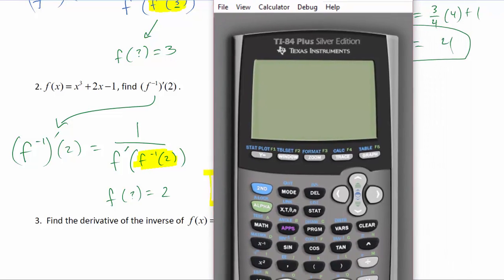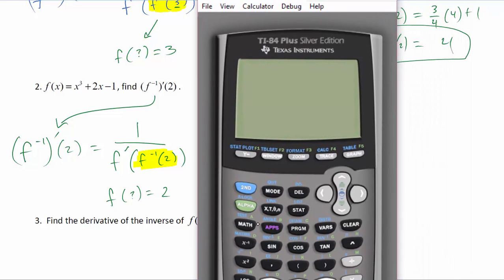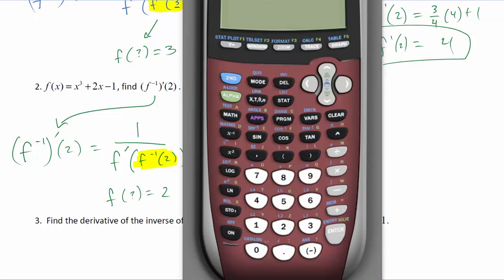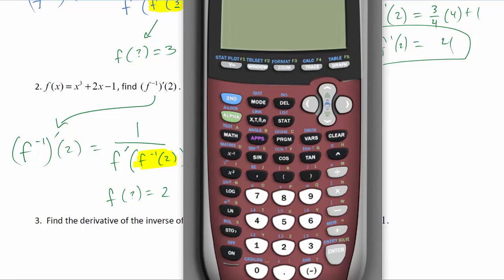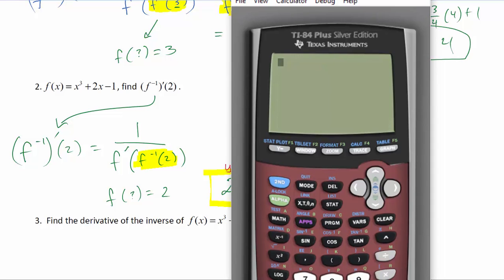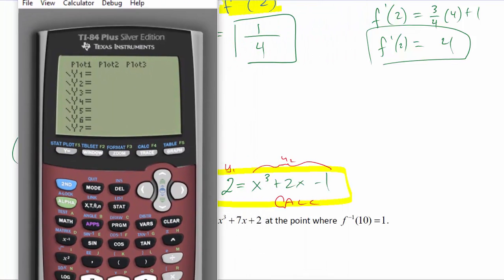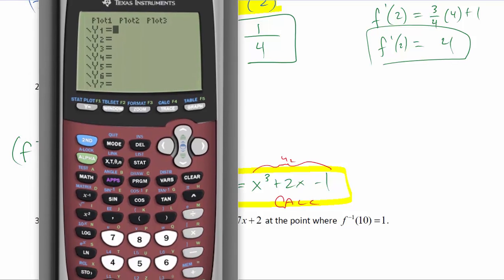So if I open up a calculator, going to y equals, the left side is equal to 2. So in y1, I'm going to plug in 2.